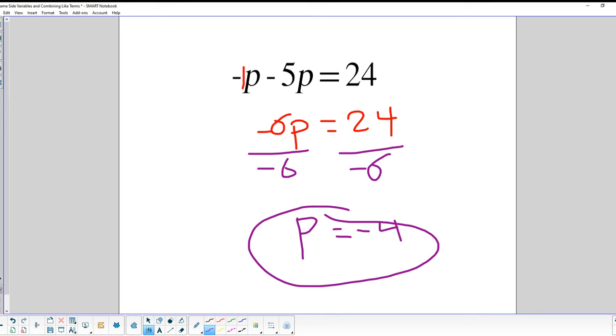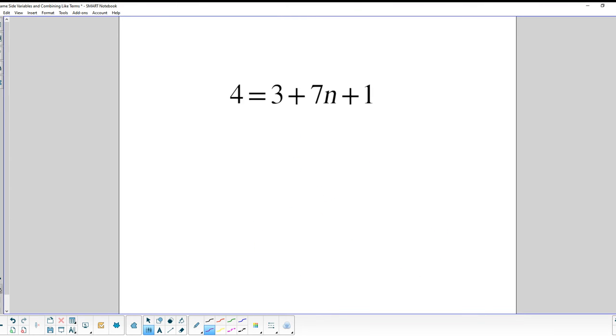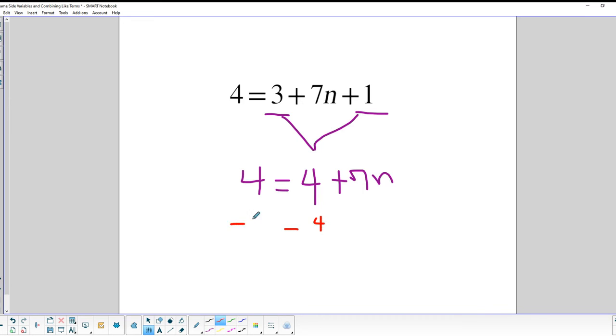Okay, keep moving. Here's one where you actually have a couple of constants on the right side that you can combine. So that 3 and that 1, if we combine them together, that would equal 4. So we'd have 4 plus 7n equals 4. Now we use our process of solving a two-step equation. We subtract 4 from both sides.